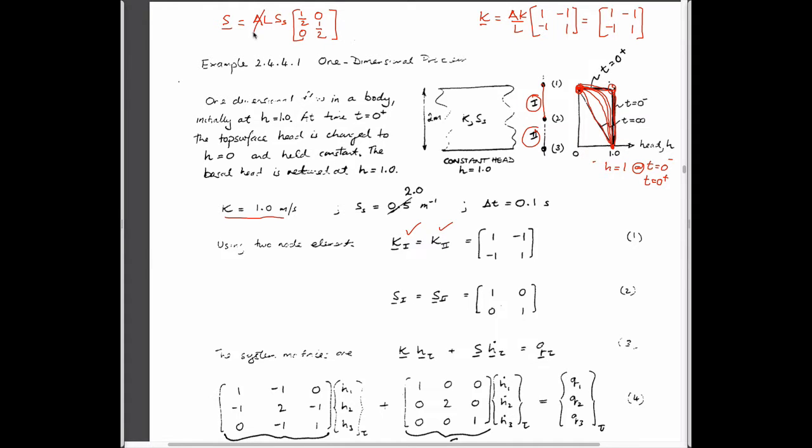And so area is 1, length is 1, specific storage is 2. I've changed the results afterwards because it was wrong, hence the scoring out. So this is going to be [1, 0; 0, 1]. And that's this. They're both the same as each other. So those are the two storage matrices.